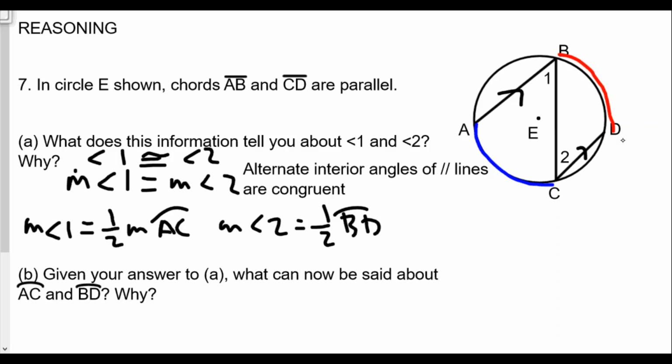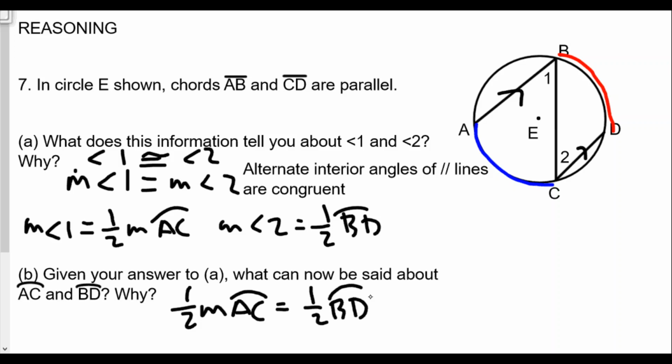We would then come up with the following understanding: if the measure of angle 1 equals the measure of angle 2, then we can say that 1/2 the measure of arc AC is equal to 1/2 the measure of arc BD, because of substitution.